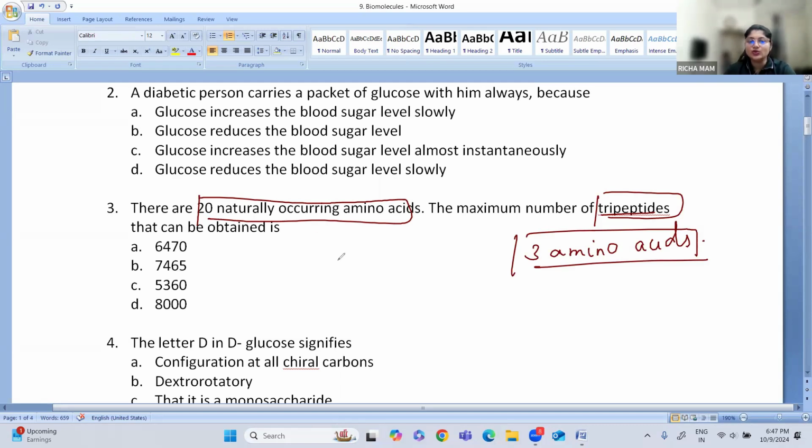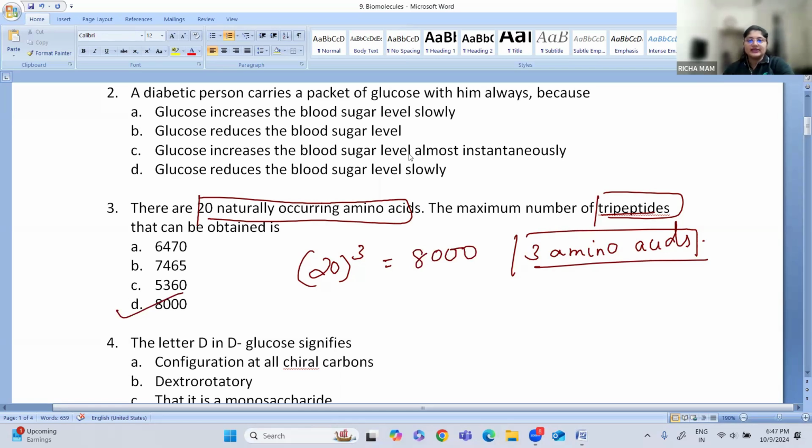So you can do 20 raised to 3, because a tripeptide is made up of 3 amino acids. 20 raised to 3: 20 into 20 is 400, and 400 into 20 is 8,000. So the maximum number of tripeptides which can be obtained is 8,000.